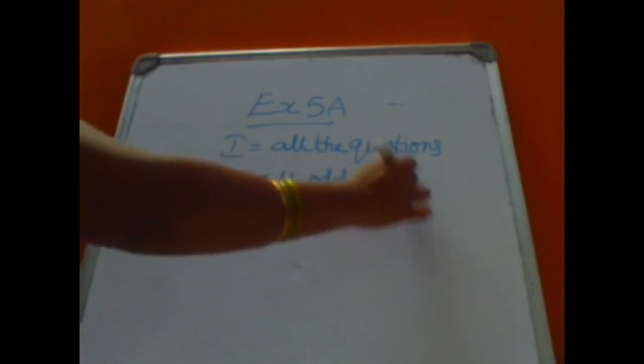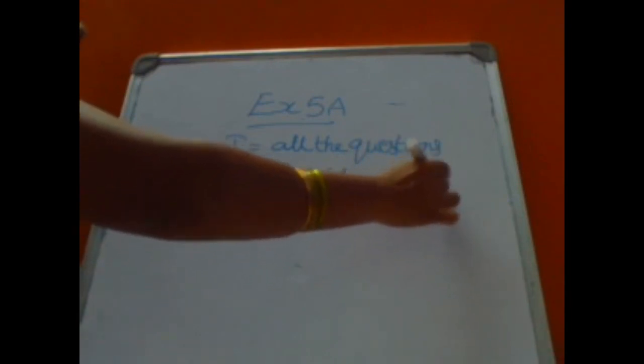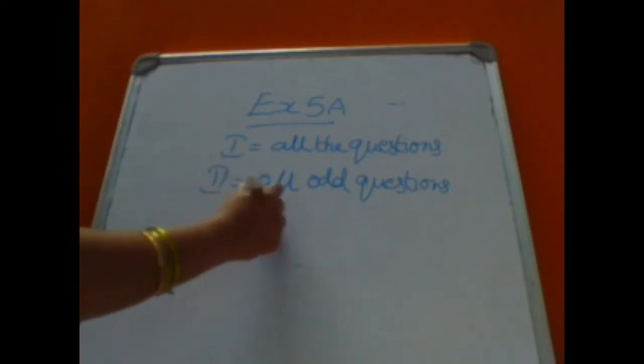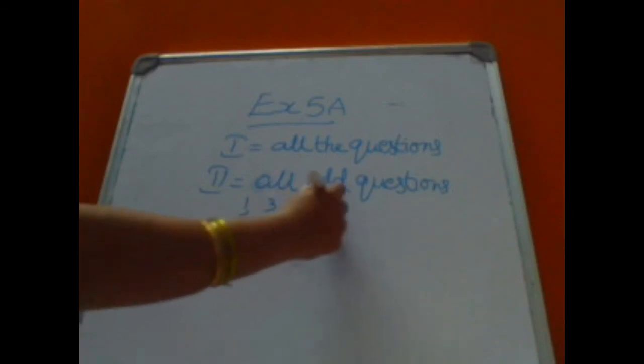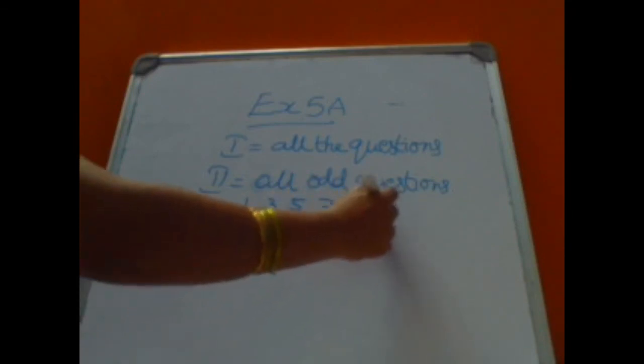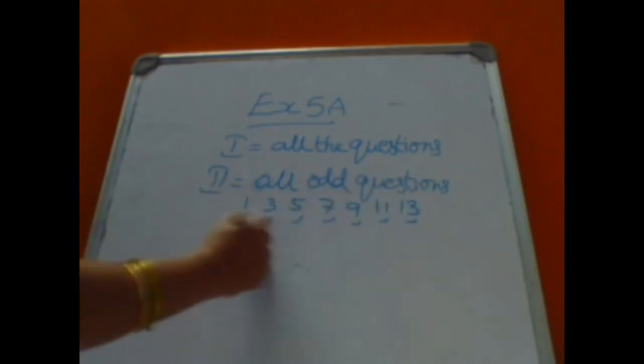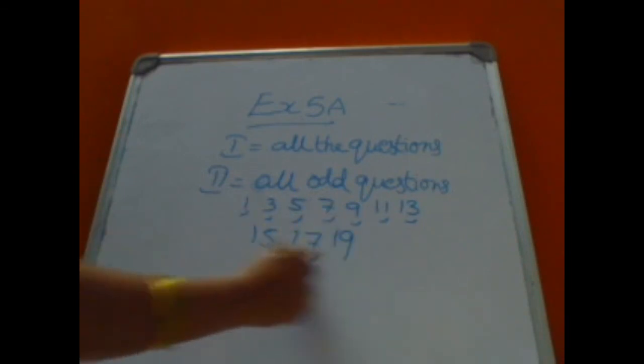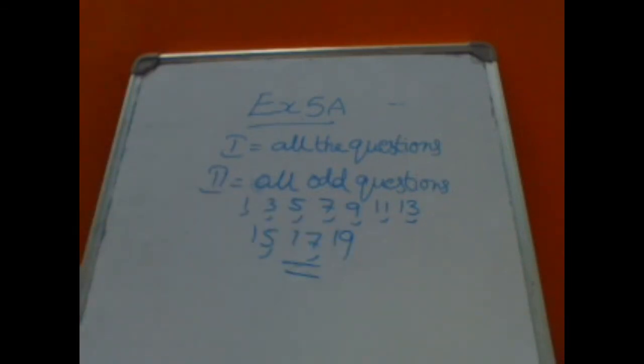The first main has only 4 questions. The second main has some 20 questions, so you can do 1, 3, 5, 7, 9, 11, 13, 15, 17, 19. These are the questions you need to complete in exercise 5A.